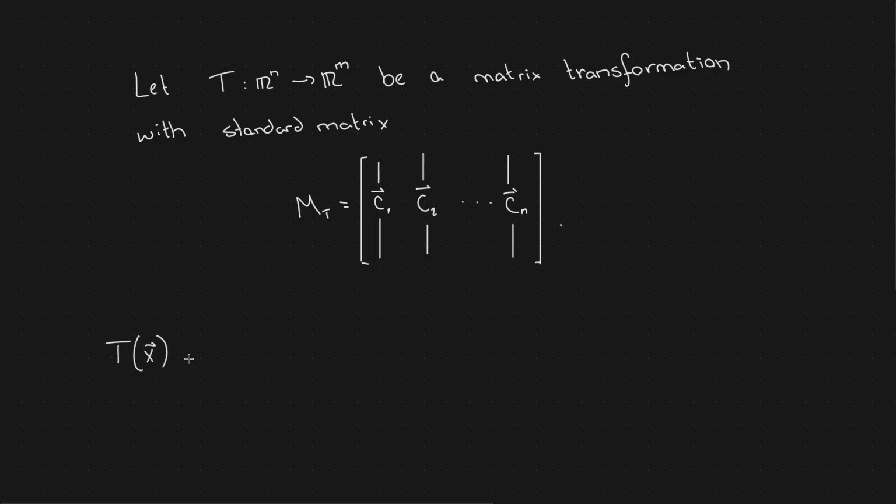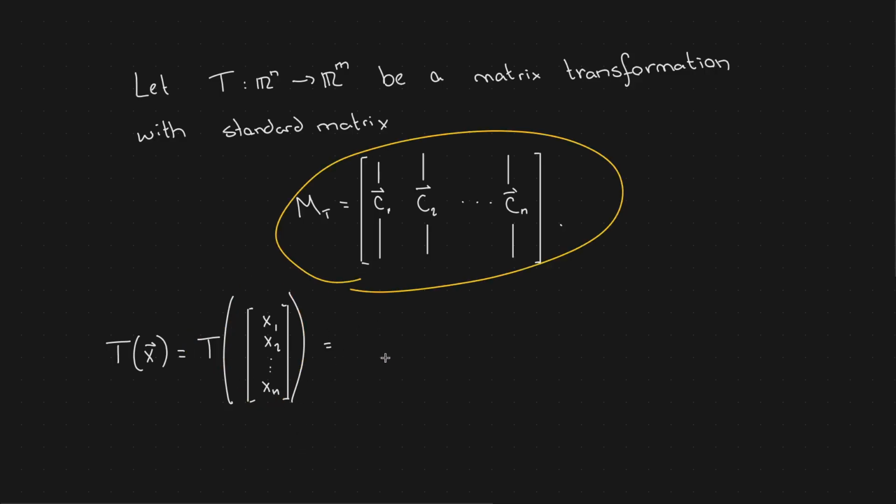This would be an n-dimensional vector. Because M sub T is the standard matrix of transformation T, applying the transformation is the same as multiplying by the matrix.